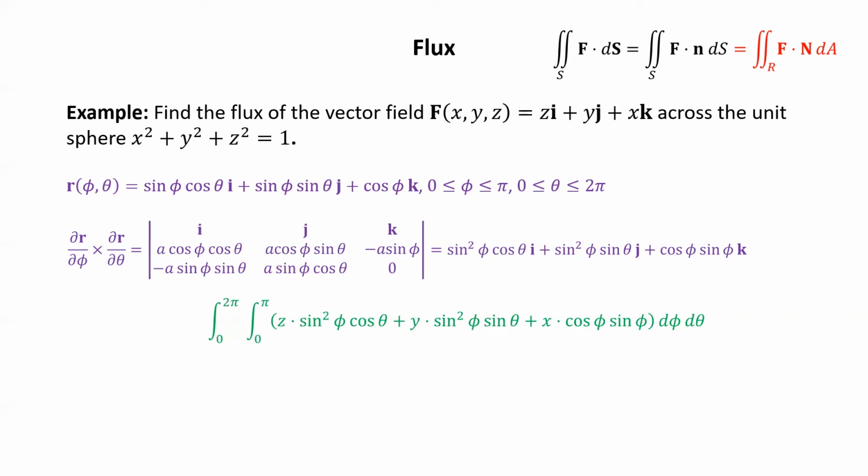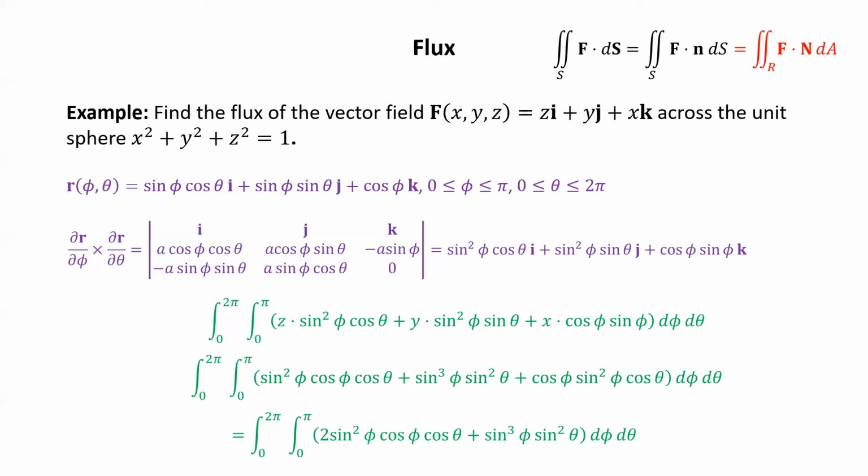Let's go ahead and replace z, y, and x by what they are in terms of phi and theta. Z is equal to cosine phi, so we get cosine phi times sine squared phi cosine theta, or equivalently sine squared phi cosine theta. Y is equal to sine phi sine theta, so we get sine cubed phi sine squared theta, and x is equal to sine phi cosine theta, so we get cosine phi sine squared phi cosine theta.